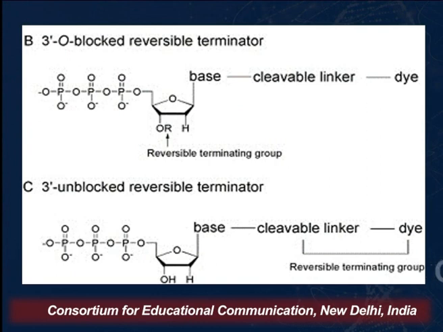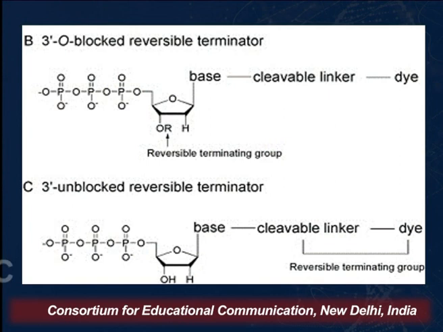In this case, at the 3' position, there is a reversible terminator group attached. So OH is not replaced by H, but OH is replaced by OR, and this OR is a reversible terminating group.